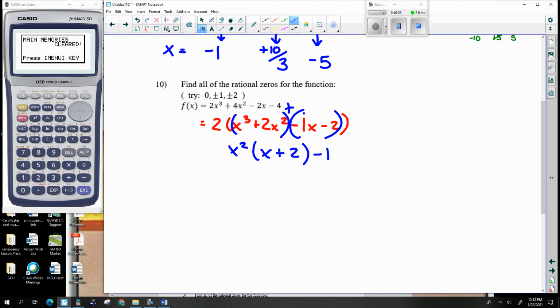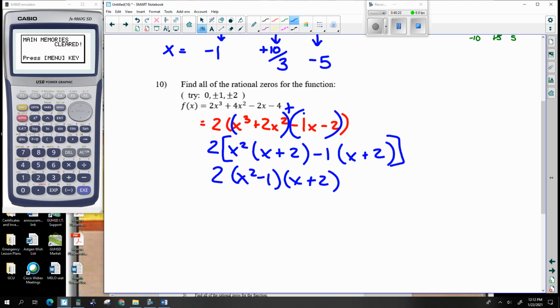Here I can take out a -1. See how the insides are the same? So that's an x squared minus 1, x plus 2. And then there's this outside 2 that I originally took. And then this is square minus in the middle, so that is x plus 1, x minus 1.